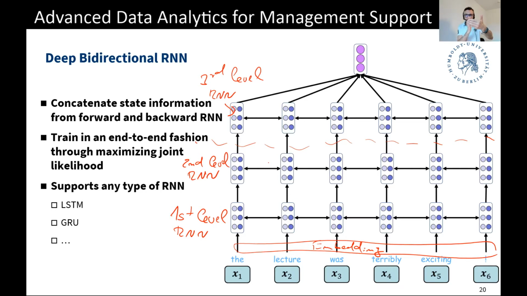The hidden state is forwarded to the next processing step. For the second level RNN, it's just the same, only that the input is not the raw input anymore. It's not the raw embedding or the raw token. Instead, the input to the second level RNN is just the hidden state which comes from the first level RNN.